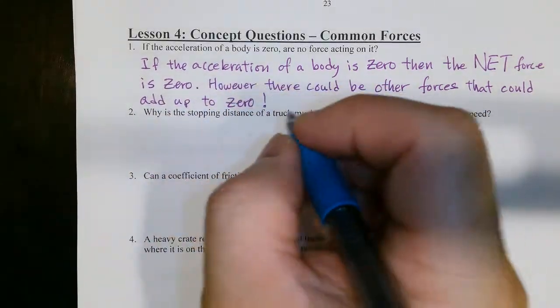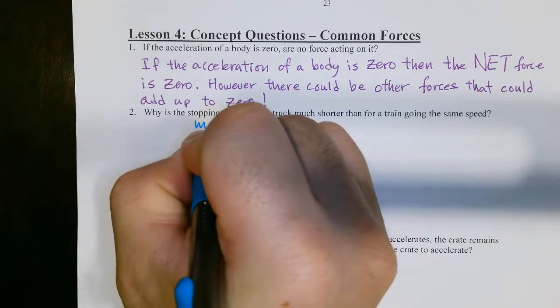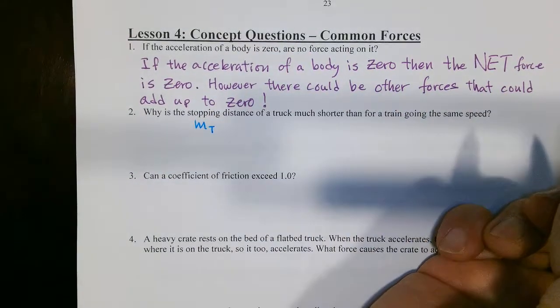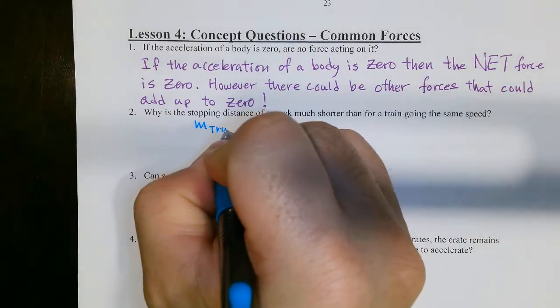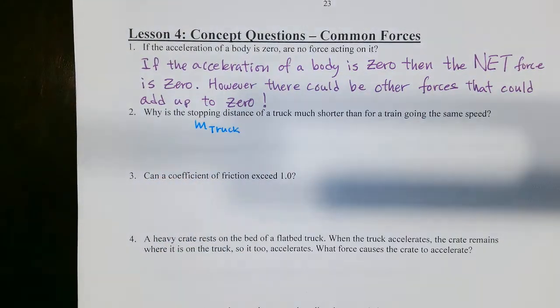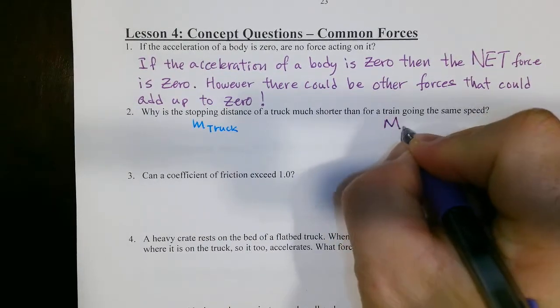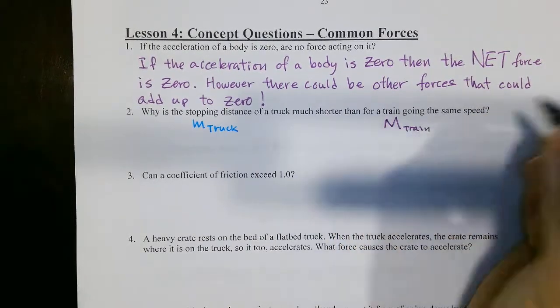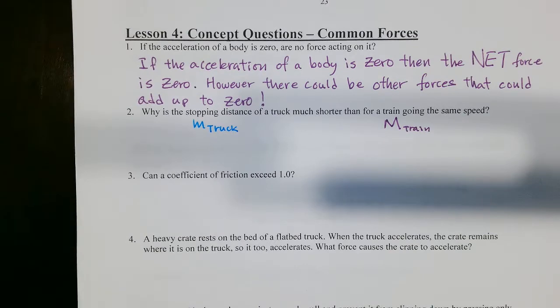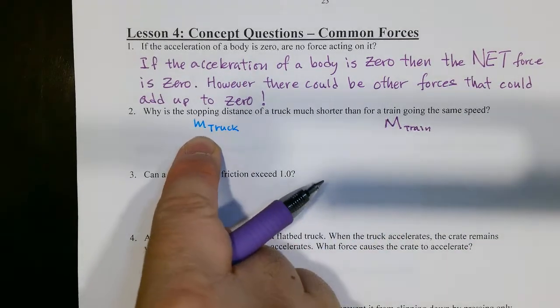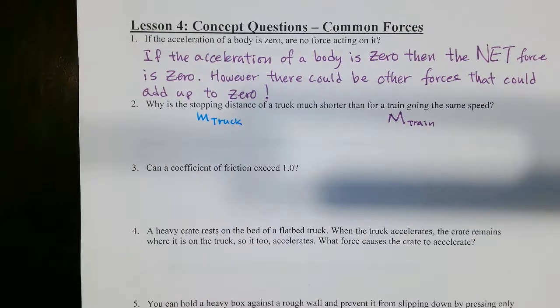The mass of the truck, and then the mass of the train, is definitely much bigger than the mass of the truck.